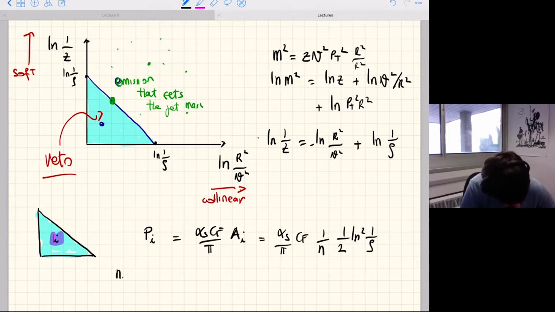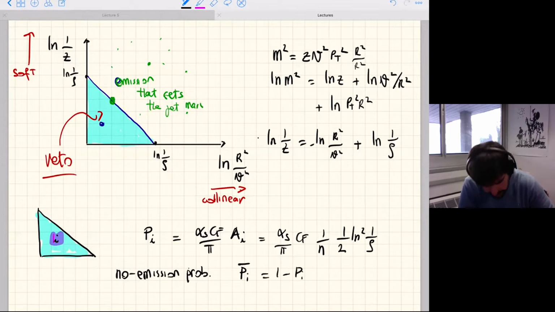And so the no emission probability P bar i is 1 minus P i. Now I can ask myself, what is the total no emission probability in the blue triangle? Well, assuming that the emissions are independent, I take P bar i to the power n.